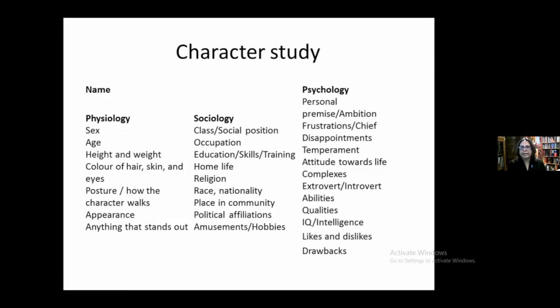Now, when you are writing a character study, it is not necessary that you have to write information on every point in these three sections. You can choose to maybe just include 2 or 3 points at a time, or maybe just one or two, depending on your priorities. What you feel is necessary and what you feel is not necessary, you can leave out.